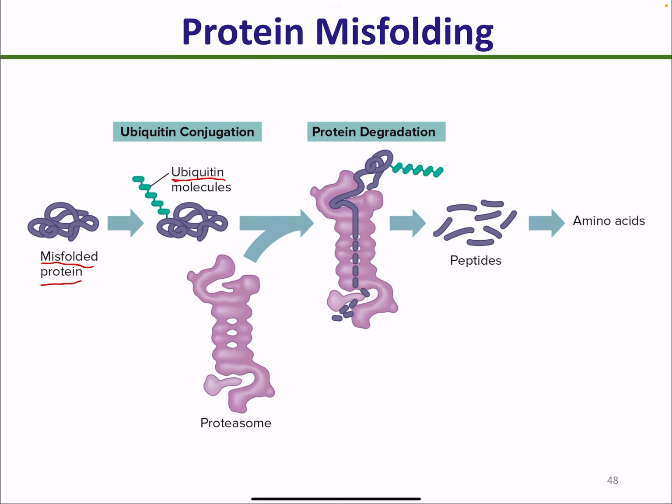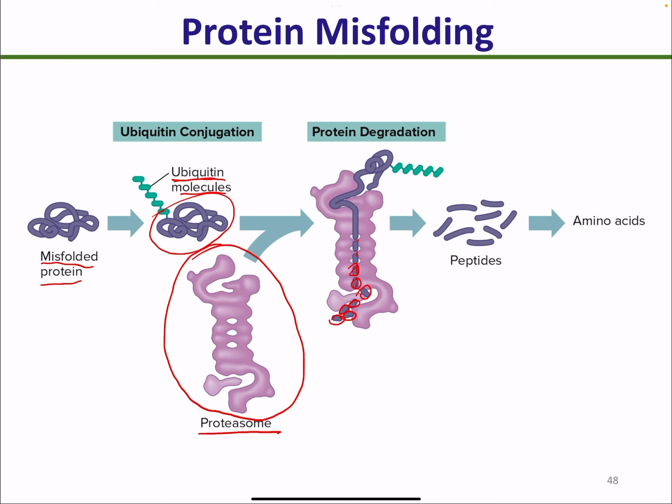More than one tag of ubiquitin is going to cause the proteasome, which is this huge complex, right, to pull this misfolded protein, stretch that misfolded protein into a machinery, right, where the protein is going to be dismantled, so that we're going to have amino acids that are going to be released one after another. And these amino acids are going to be recycled for protein synthesis, right?